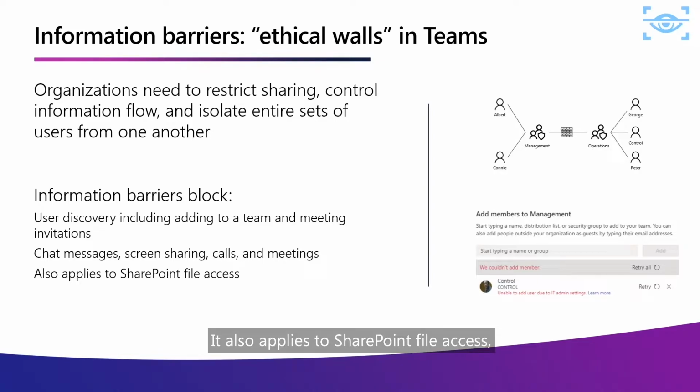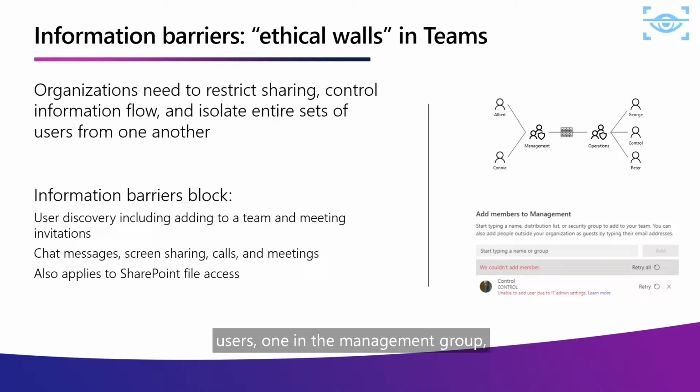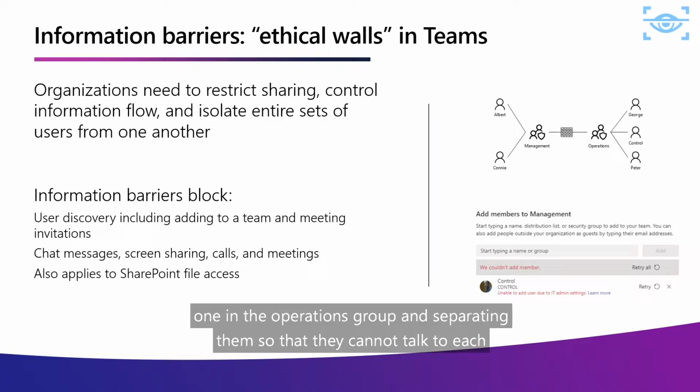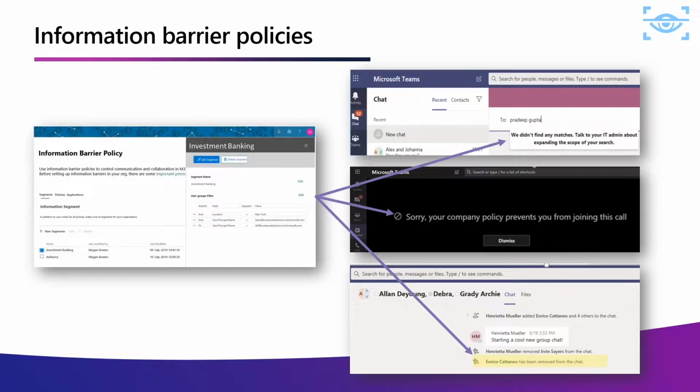It also applies to SharePoint file access. So you can see in the example here, we're taking two different populations of users, one in the management group, one in the operations group, and separating them so that they cannot talk to each other. They can't even add each other to a team, that boundary.